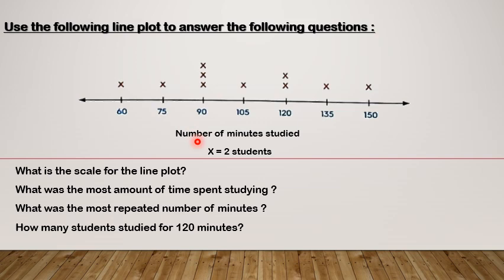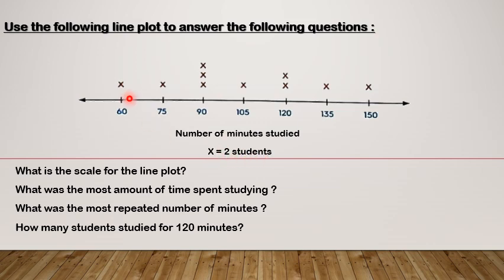You write down here number of minutes studied. So this scale represents number of minutes. So this 60 represents 60 minutes, 75 represents 75 minutes, 90 represents 90 minutes, 105 represents 105 minutes. Each one of these represents minutes. And you write down here each X represents 2 students.